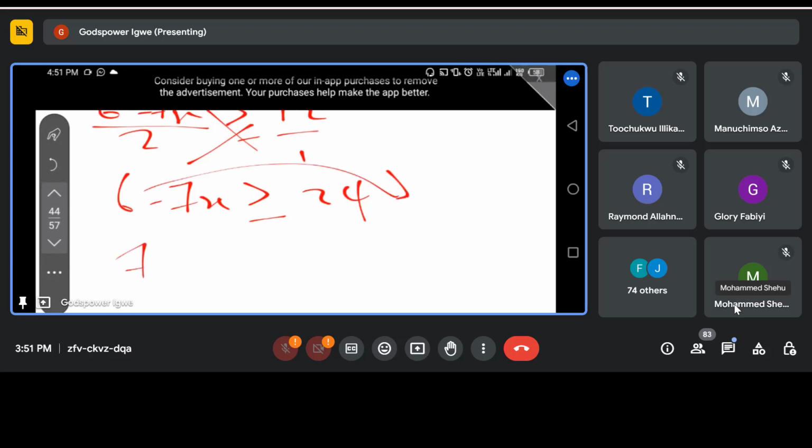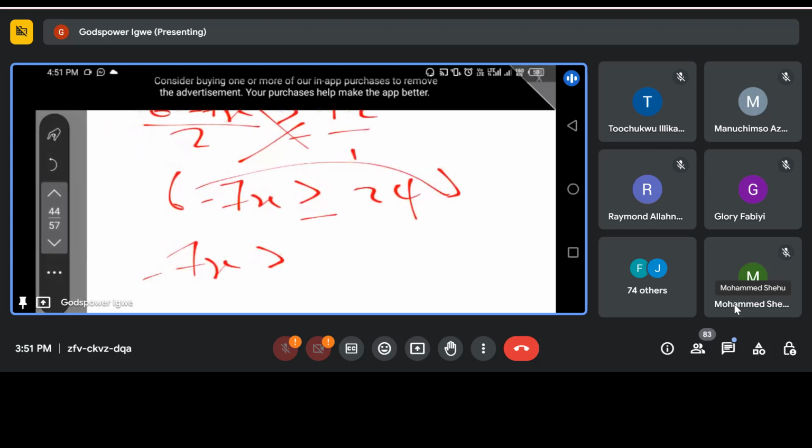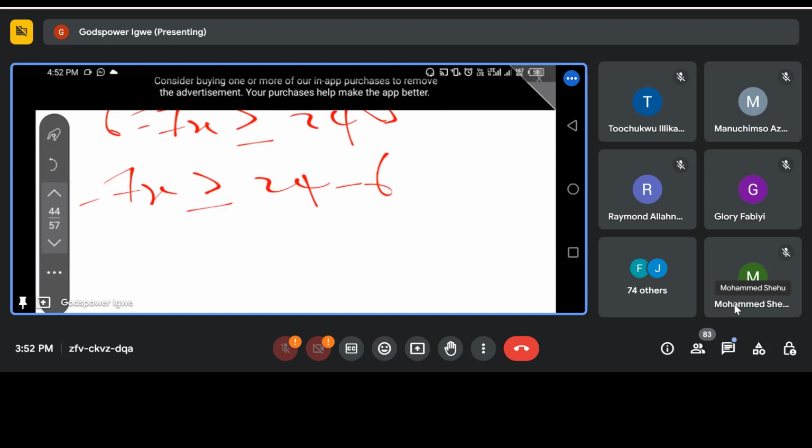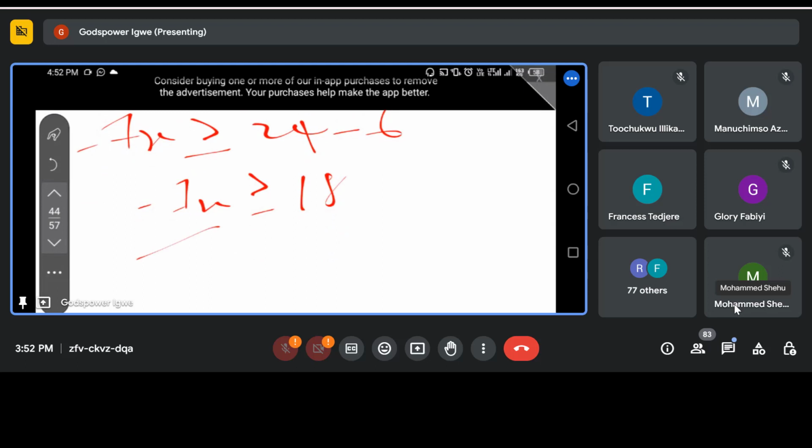Transfer this 6 to this side: minus 7x greater than or equal to 24 minus 6. That will give us 18. So we have minus 7x greater than or equal to 18.